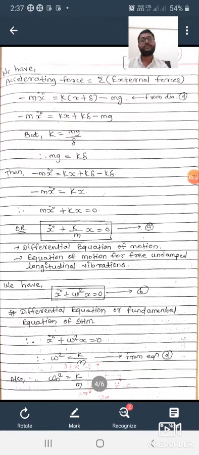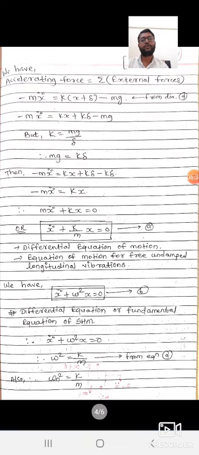But we have stiffness k equal to mg by delta, and mg equal to k delta. By putting mg equal to k delta in the above equation, we get minus m x double dot equal to kx plus k delta minus k delta; k delta minus k delta gets cancelled, and finally we get the equation m x double dot plus kx equal to 0. Or, dividing the equation by m, we get x double dot plus k by m x equal to 0.